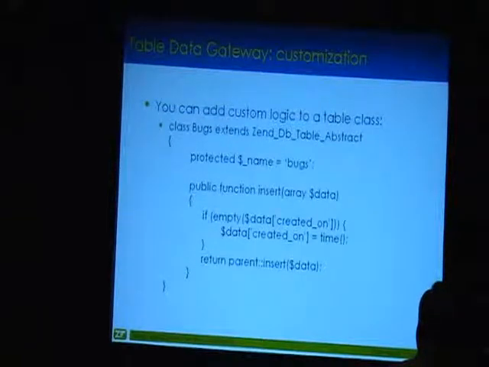In this case, I'm only doing it if you haven't specified a value, but you may want to actually enforce it. There's all sorts of different ways that you would want to implement this based on your application logic. So this gives you the opportunity to do that. And then following that, setting the values in that data array, the mapping between columns and values, it then calls the parent class's method of the same name, which takes care of the insert.